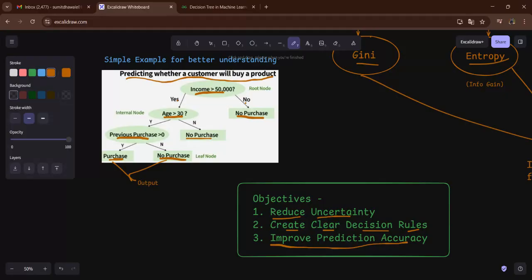This is the simplest overview of the decision tree, where we get the best accuracy by taking the best decision while training the model.